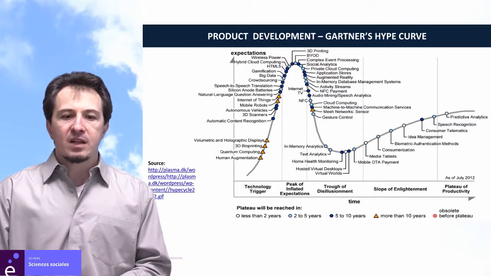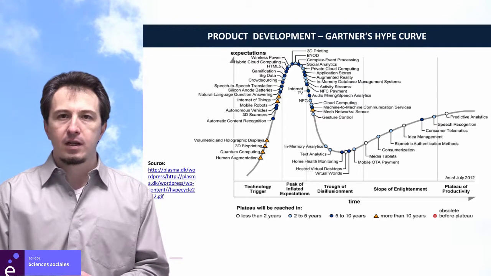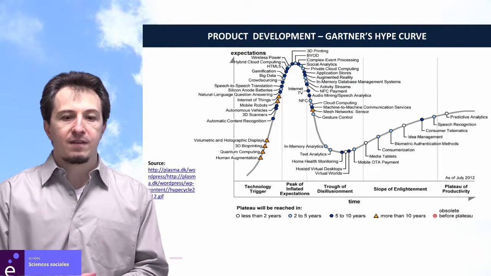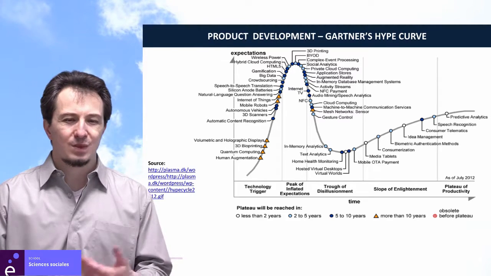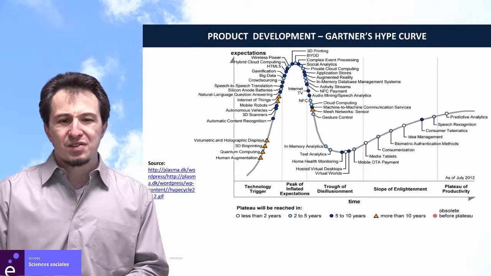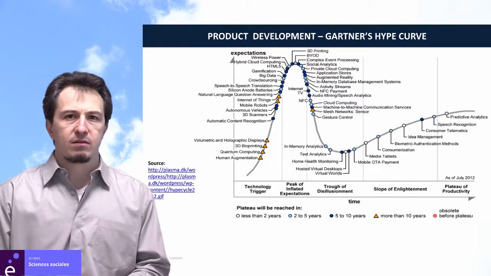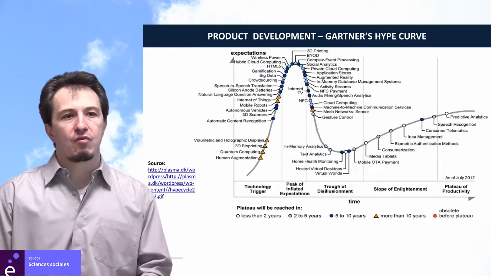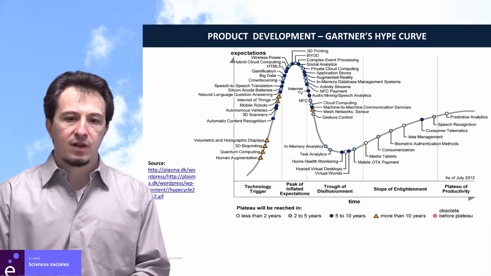And actually, this part corresponds to the valley of death in the financial theory of research and development that we discussed in earlier lessons. This is where the difficulties are the highest for a technology, or for a company, for a startup, or for a project that is developed.